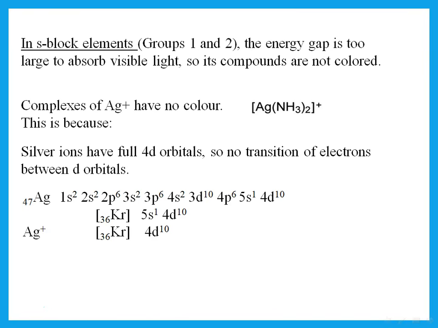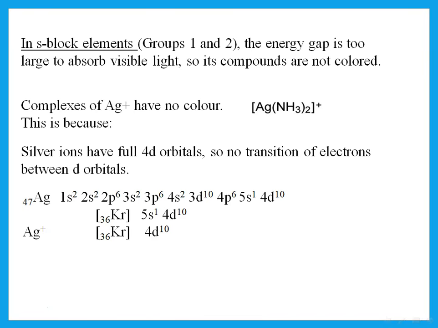Also, some of the complexes that are formed have no color. So, for example, the silver ammonia complex, in which silver is complexed to two ammonias, has no color. Why doesn't it have a color? Because this is Ag plus, and when we write the electron distribution of Ag, we end up with 5s1 4d10.